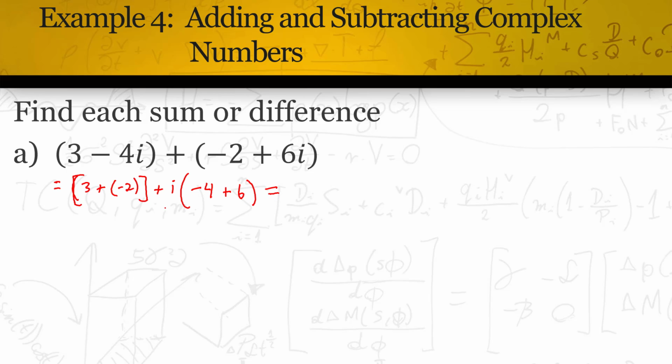Okay, and then 3 plus negative 2, well, that's 3 minus 2, that is 1. 6 minus 4 is 2, so this is going to be 1 plus 2i. And there you go, you're done.